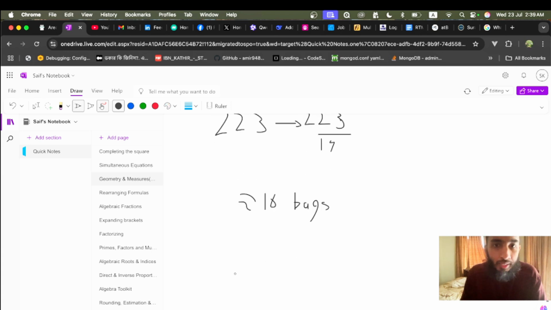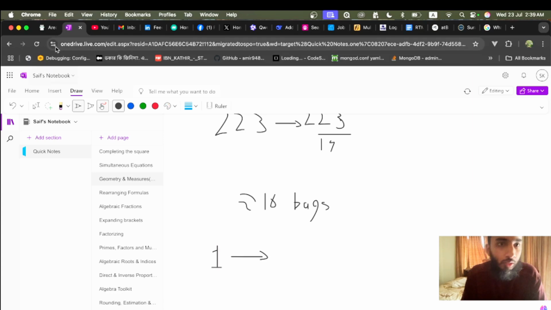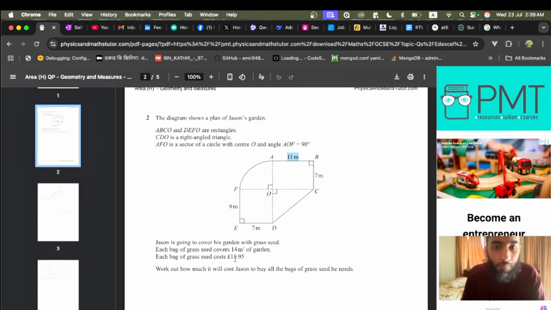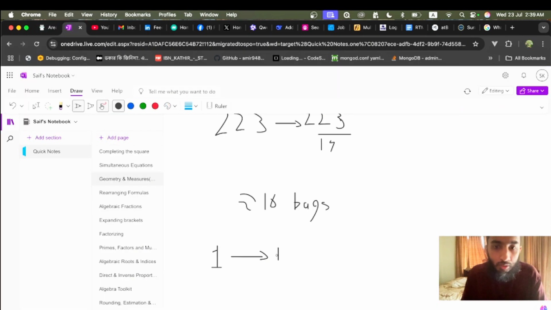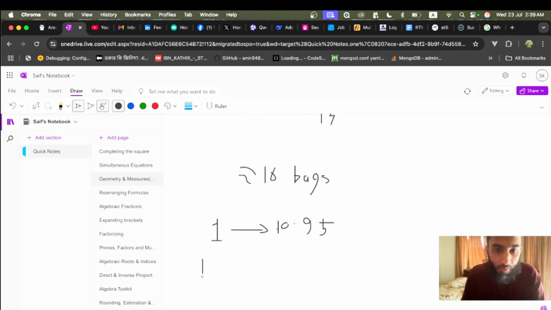So one bag costs 10.95 pounds. If one bag costs 10.95 pounds, how much would 16 bags cost? 10.95 multiplied by 16.